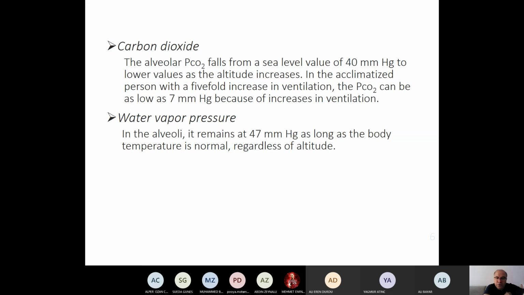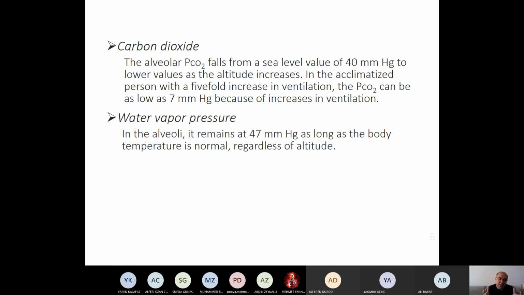All right, water vapor pressure in the alveoli remains at 47 millimeter mercury as long as the body temperature is normal, regardless of altitude, okay? Water vapor, when we are breathing, we have water vapor. The air we inspire goes to the nostrils via our nose.